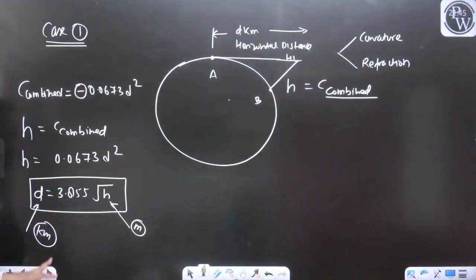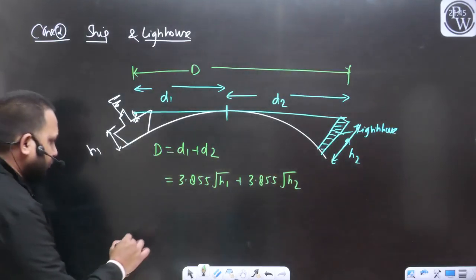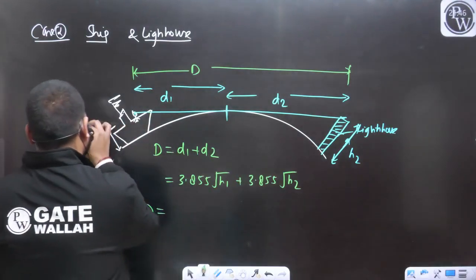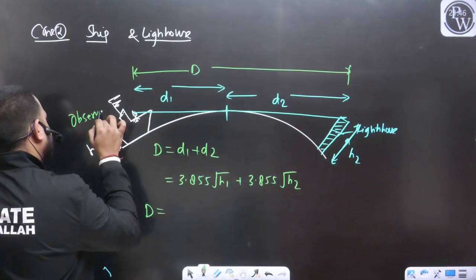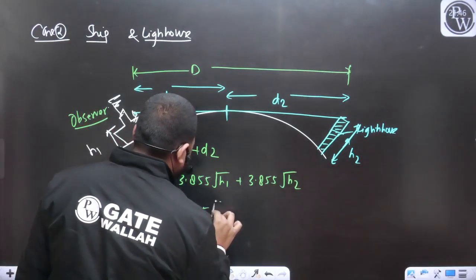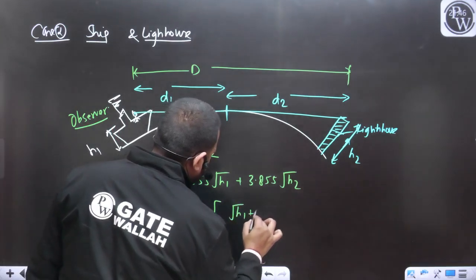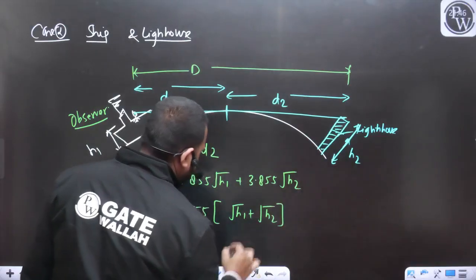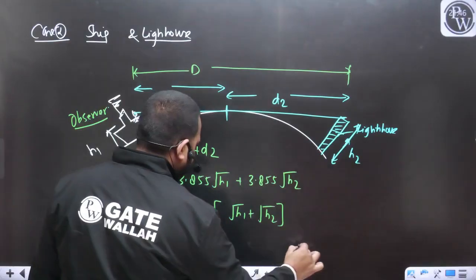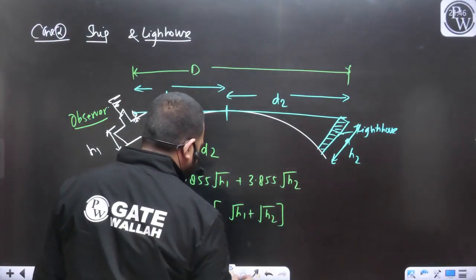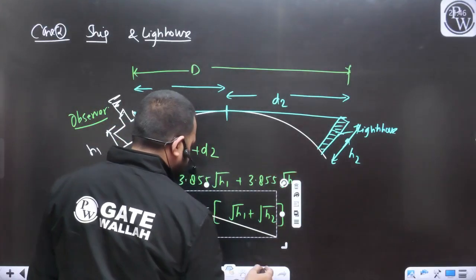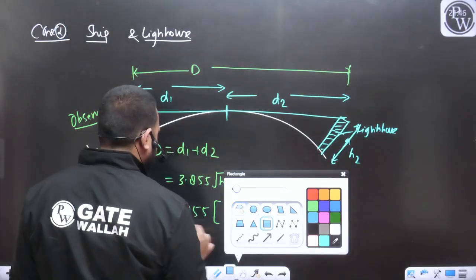So from here we can find the total distance between the observer and the lighthouse. We can take 3.855 as common. So D will be equal to 3.855 times under root h1 plus under root h2. Yes or no?